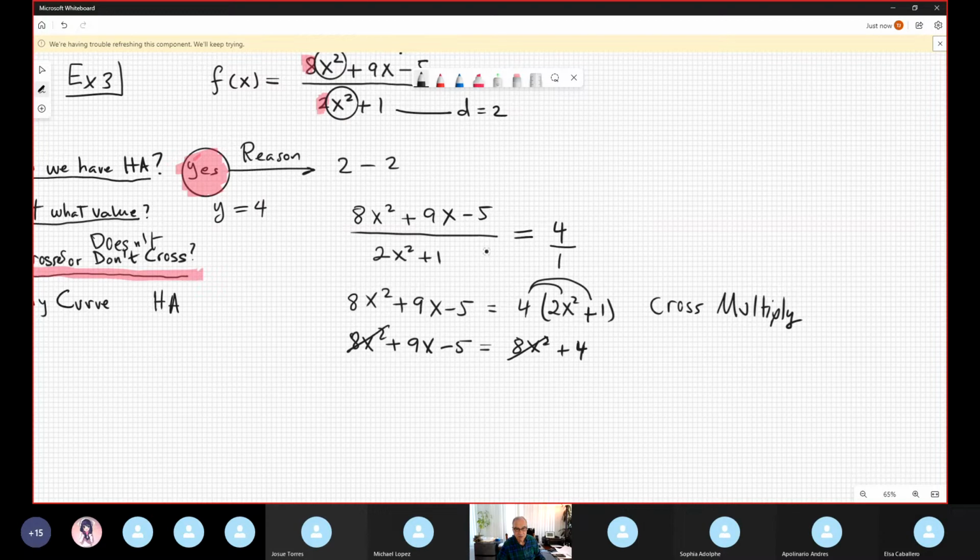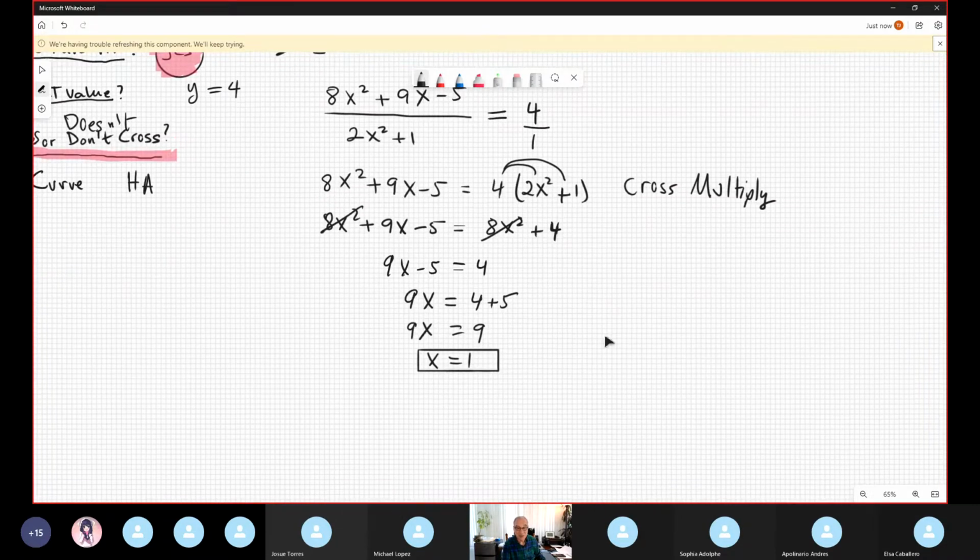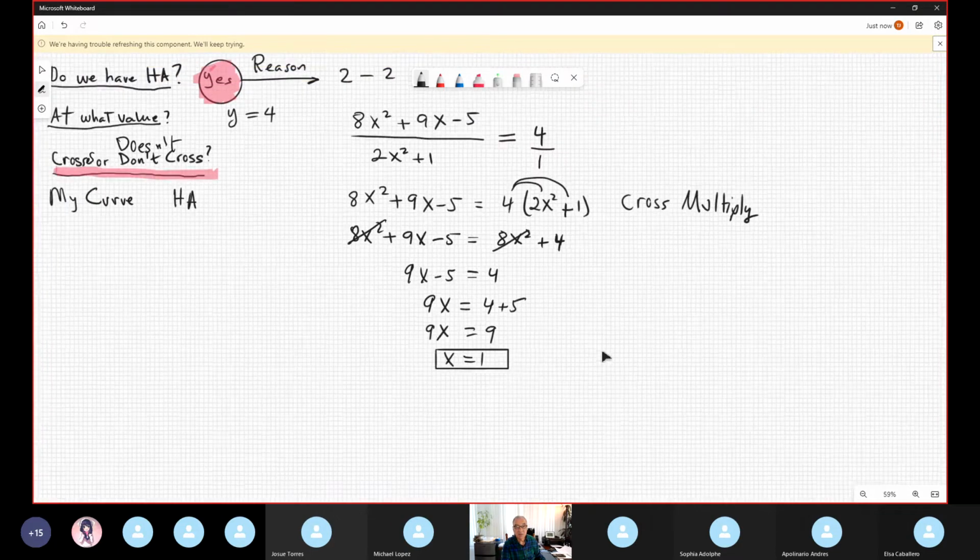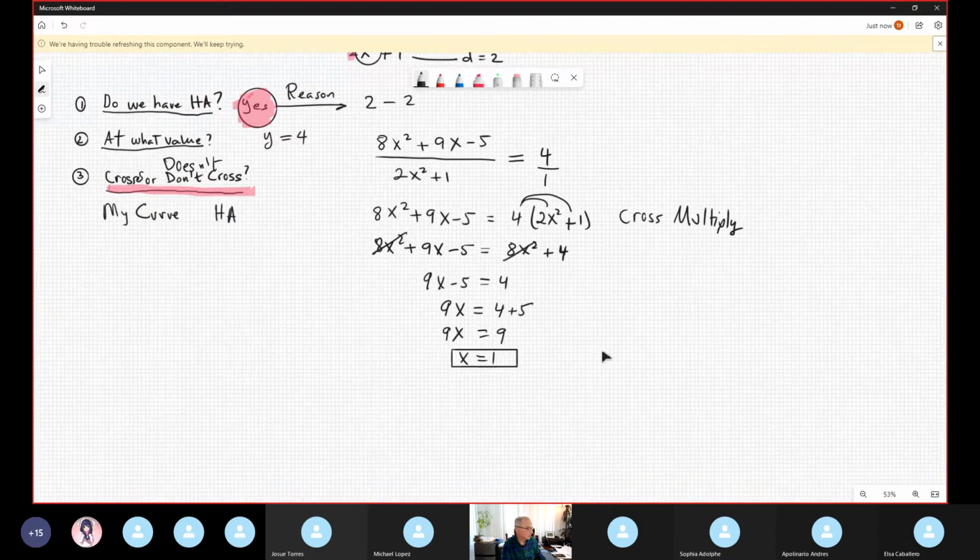And my equation looks like that: 9x minus 5 equals 4. 9x is equal to 4 plus 5. 4 plus 5 is 9. X equals 9 divided by 9, which is 1. Wow, so we obtain one value. Does that mean it crosses? This is a very important point, because if you omit it, you have big trouble with me. So you need to investigate the fact that we have a horizontal asymptote.